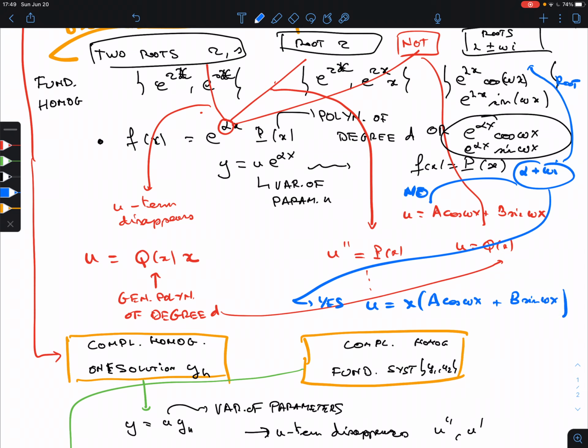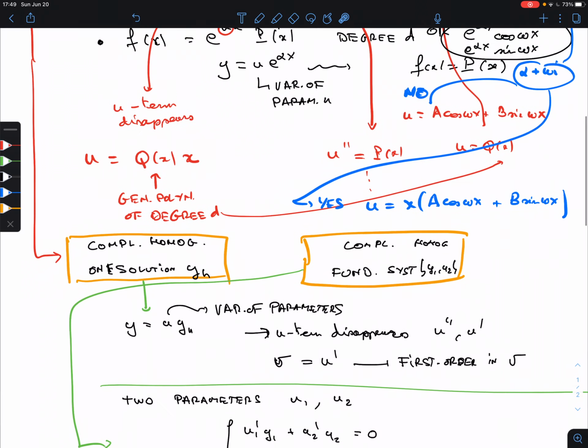So that is if alpha plus omega i is a complex root, and then alpha minus omega i is also a root. There's never a case of multiplicity 2 like we would have in the real case, so we don't have this distinction, because there's only this case.